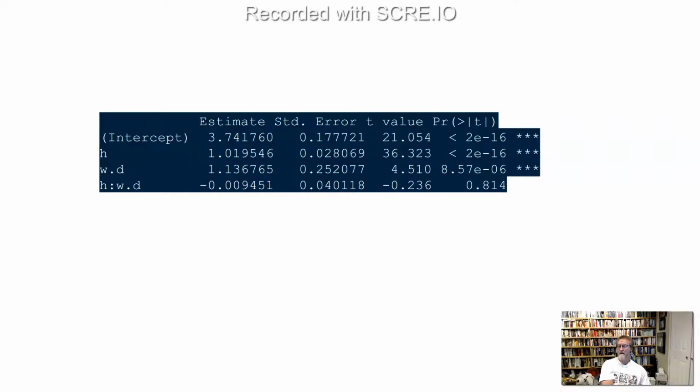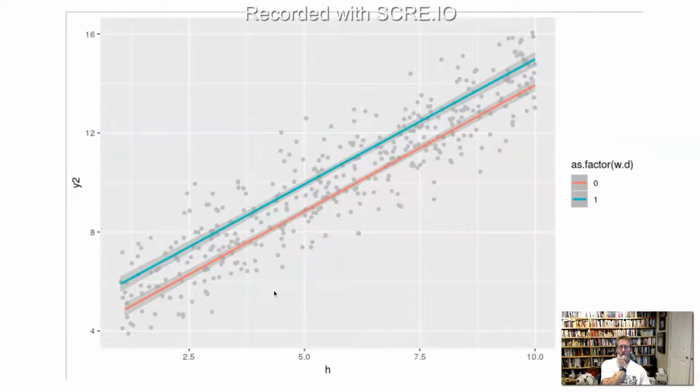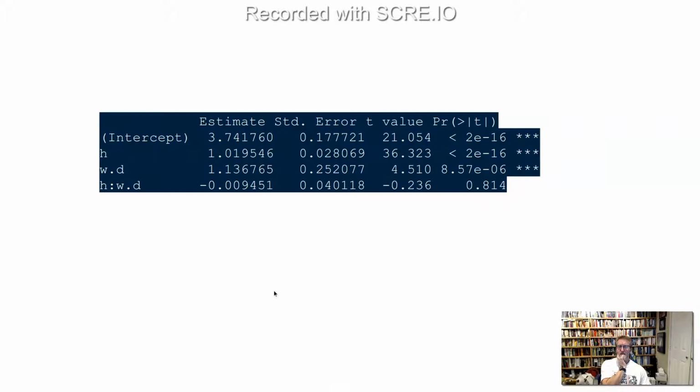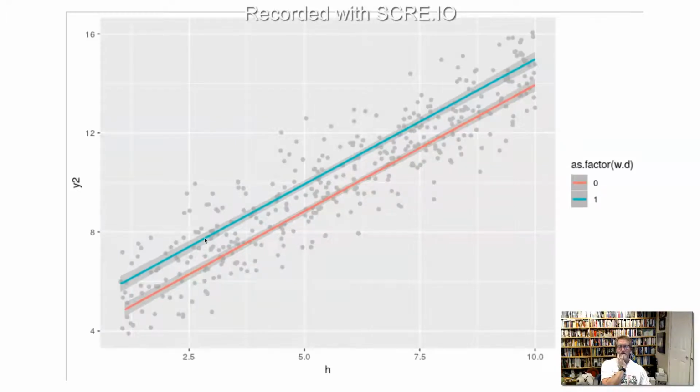Here I've got a model that is slightly different. I've got the same variables, and the interaction goes away. You can see here that I've got a non-significant effect for the interaction as a result of this.